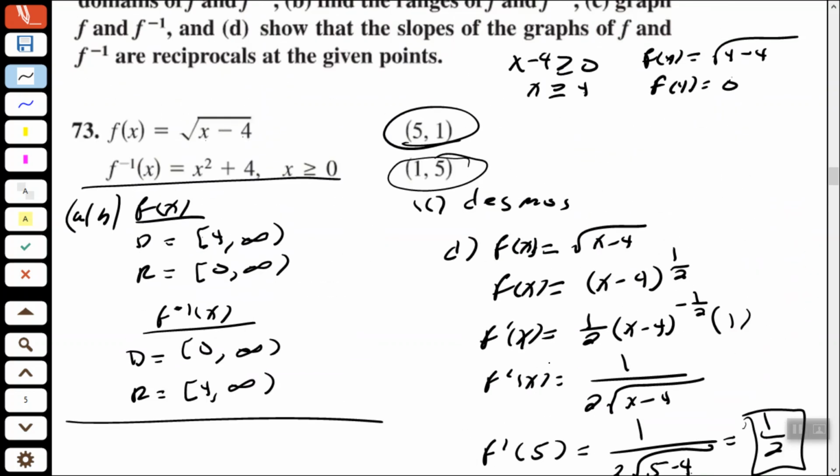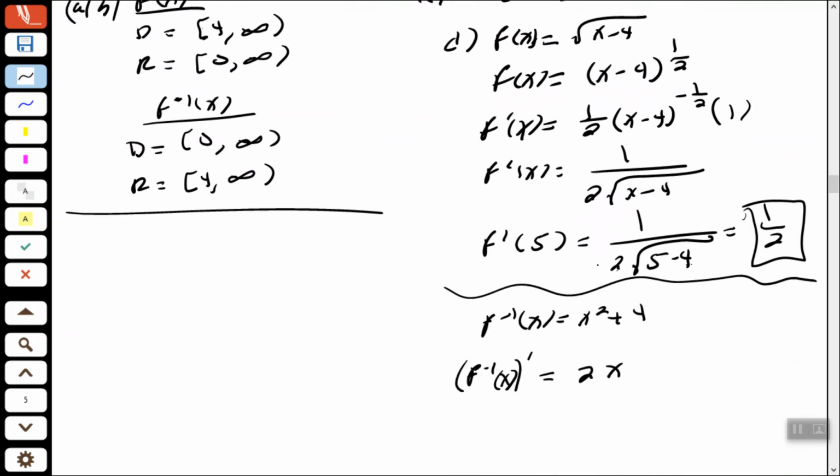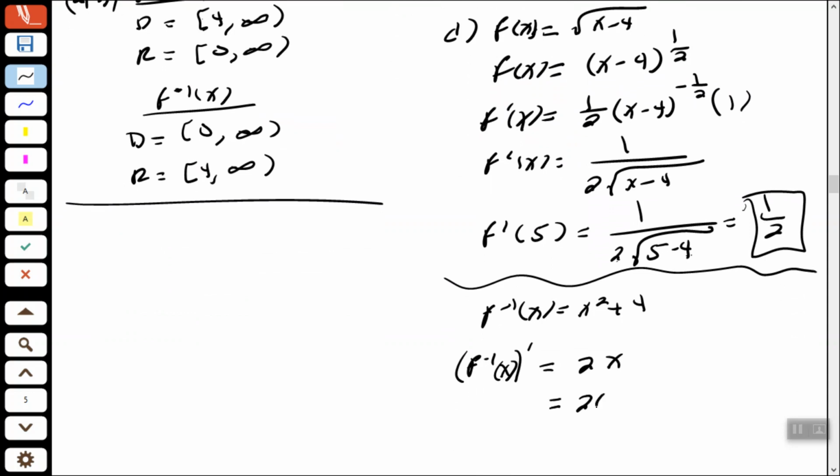We were given the point 1, 5 here, so let x equal 1. 2 times 1 is 2. Those derivatives are reciprocals of each other, which means if I were to graph these two curves, put a point at 5, 1 on the original function and 1, 5 on the inverse function, and draw a tangent line through both, you would see that those two tangent lines are parallel to each other.